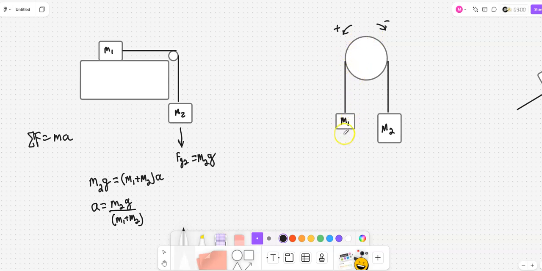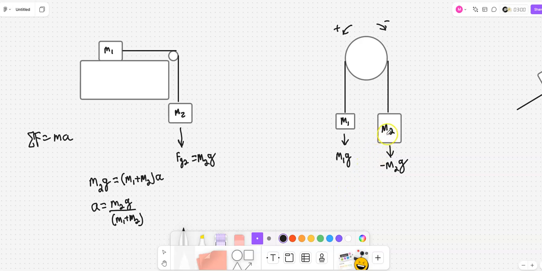So we're going to say that the weight on box 1 is positive and the weight of box 2 will be negative. And this is different than the horizontal pulley in that there is now a new force in here, which is the weight of box 1.